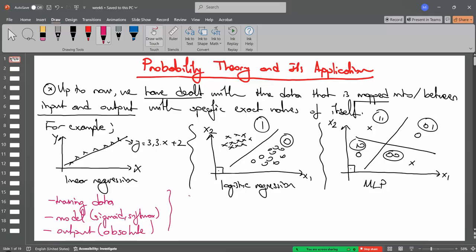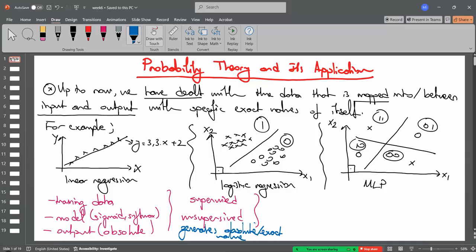And this case is created with supervised or unsupervised learning, okay? But just remember that this always generates an absolute or exact value.